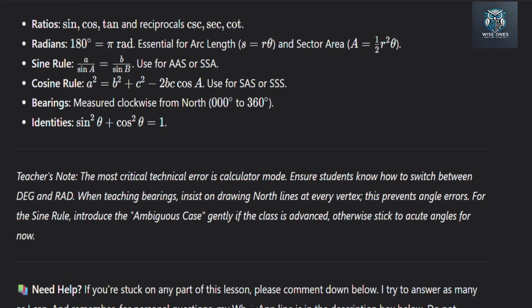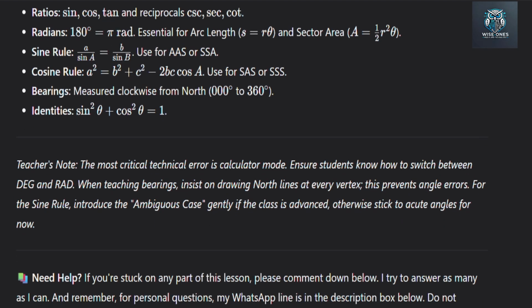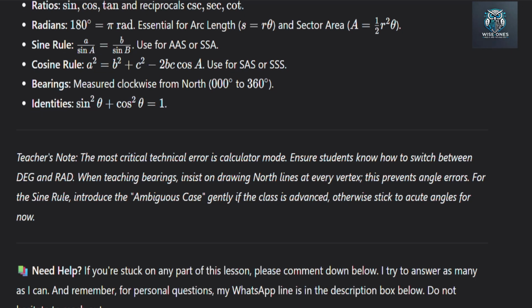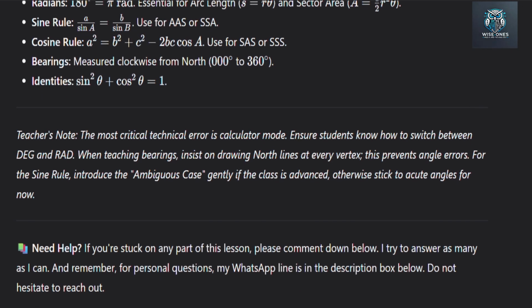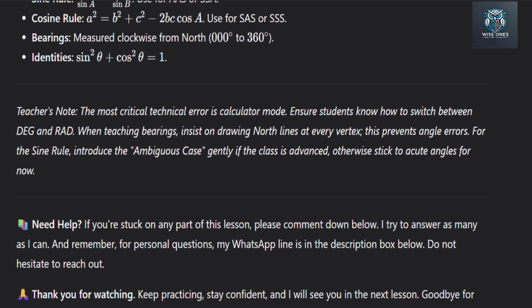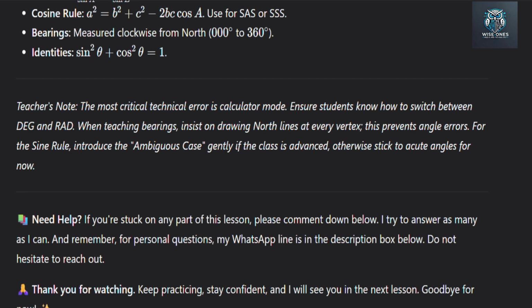Let us do a summary of what we learned today. Section 10. We learned about ratios, sine, cosine, tangent, and reciprocals cosecant, secant, cotangent. We learned about radians. 180 degrees equals pi radians, essential for arc length and sector area. We learned the sine rule: a over sine A equals b over sine B, used for ASA or AAS or SSA.